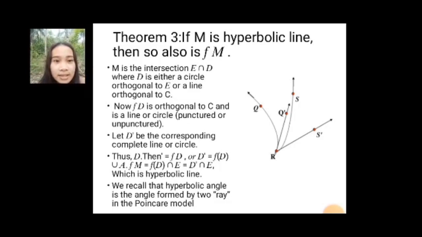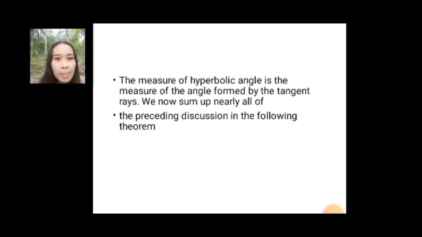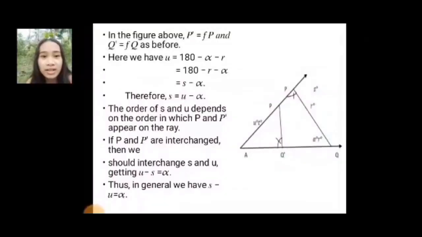Thus, D prime equals FD, or D prime equals FD union A. Fm equals FD intersect E, D prime intersect E, which is a hyperbolic line. We recall that a hyperbolic angle is the angle formed by two rays in the Poincare model.